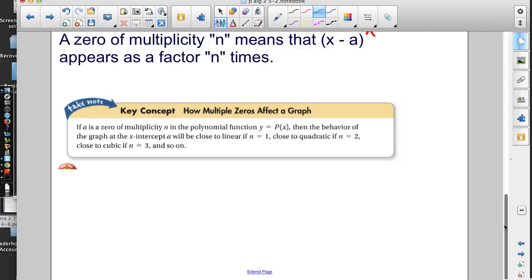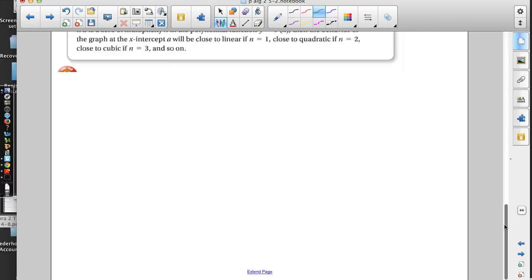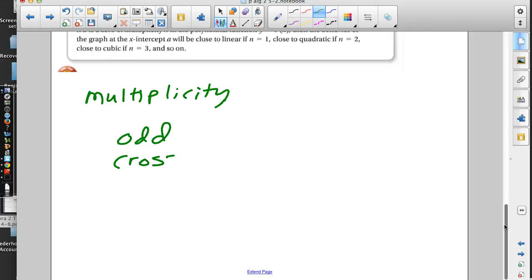So instead of all of this blah, blah, blah that they do here, let's do it this way. So multiplicity, if it is odd. So if your power that you see is odd, that means your graph is going to cross at that spot, whatever that zero is. If it's even, it's going to be a bouncer.